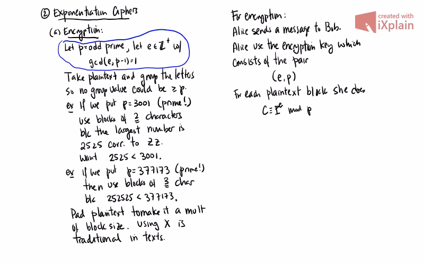Now, this little note here: because we're mod little p, and in our first example little p is 3001, it's entirely possible that C is bigger than 2525. So we're taking the least non-negative residue mod little p, but that might be too big to convert to characters.